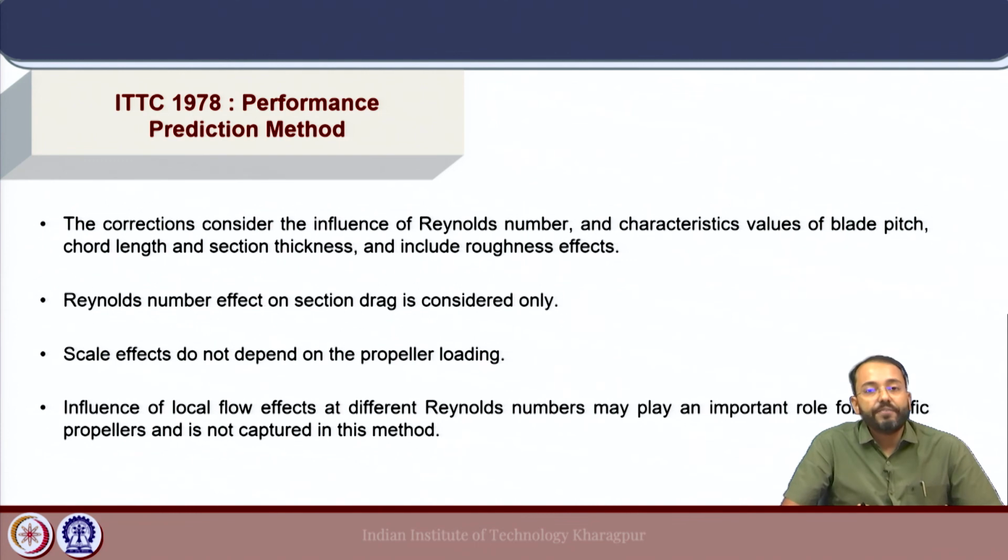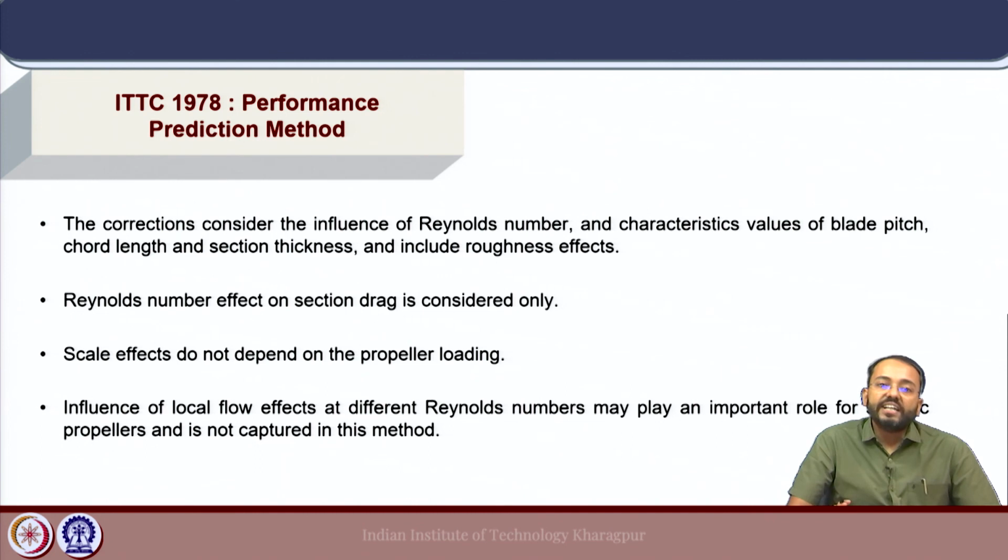So, the scale effects that we calculate here or the corrections are independent of the propeller loading, but it is observed that for a realistic case there is an influence of propeller loading because it impacts the flow characteristics over the propeller blade, and that also is influenced by the difference in Reynolds number. And other local flow effects which are important for different types of propeller designs, whether it is for normal screw propellers or unconventional propellers, are also not taken care of in this particular method.